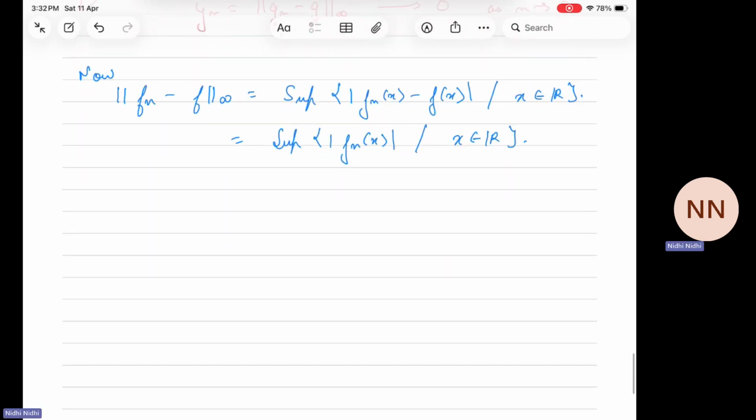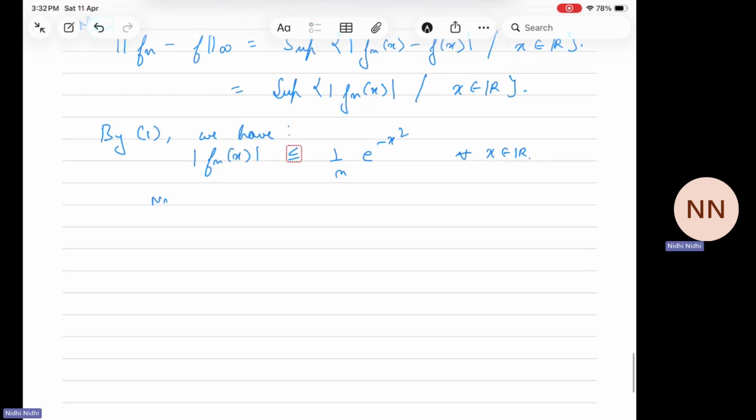So by the first part, we have mod fn(x) less than or equal to 1 by n e to the power minus x square for every x in R. Now since this minus x square is less than or equal to 0 for every x in R, because x square is always positive.